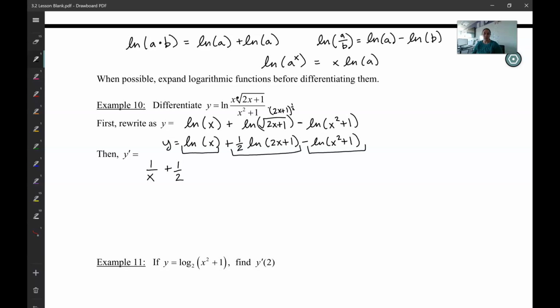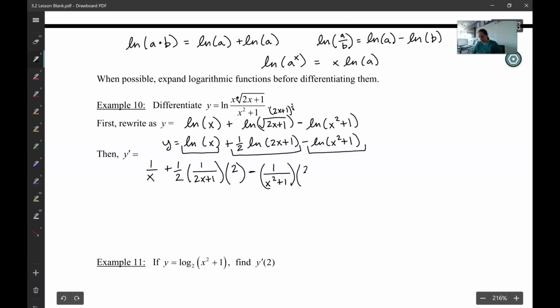This is a chain rule, mama and baby situation, where I'm going to have 1 over the baby times the derivative of the baby, which is just going to be 2. And then minus, take the derivative of this last part. It's also going to be a chain rule, mama and baby situation, where I'm going to have 1 over the baby times the derivative of the baby.